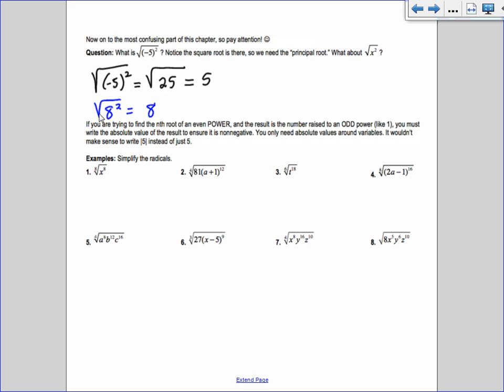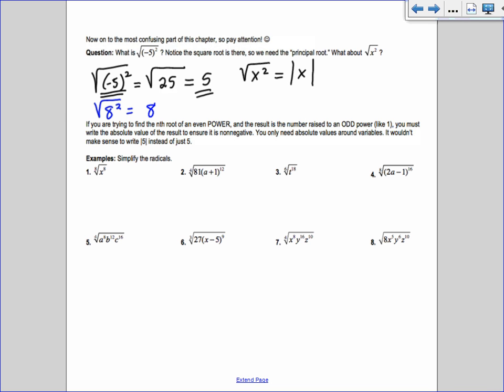Okay, so what do we think? If I have the square root of x squared, is it just x? It is not. If x was negative, it will now turn to a positive number, just like we said over here. If x was negative 5, it becomes 5. So it's not x. What is it? Not plus or minus either, because it's not 2, it's just one answer. Absolute value.